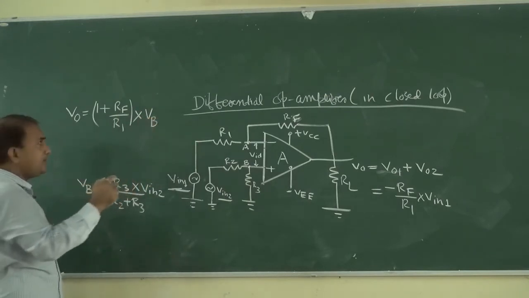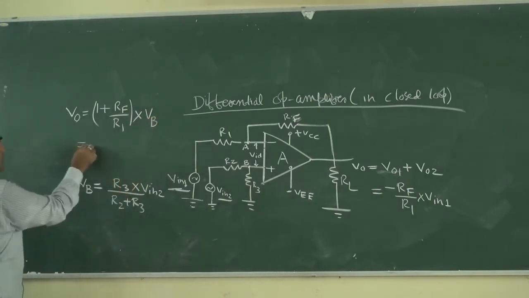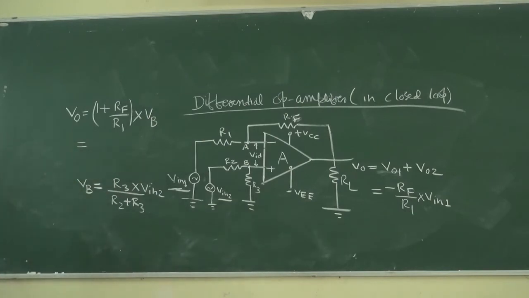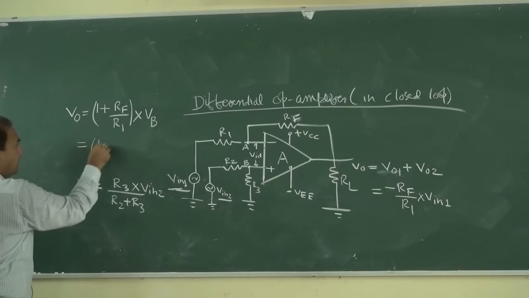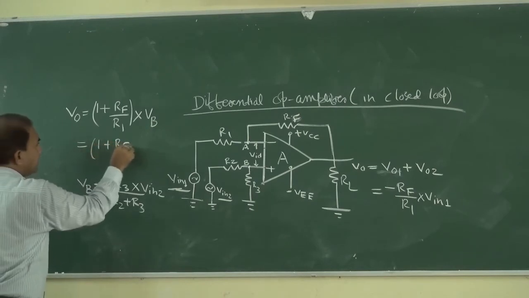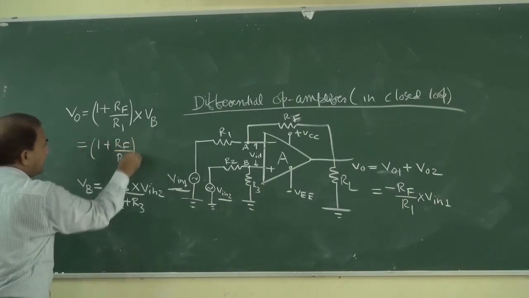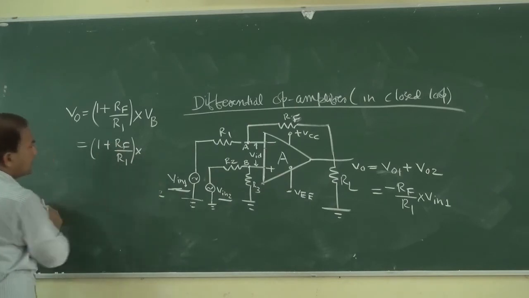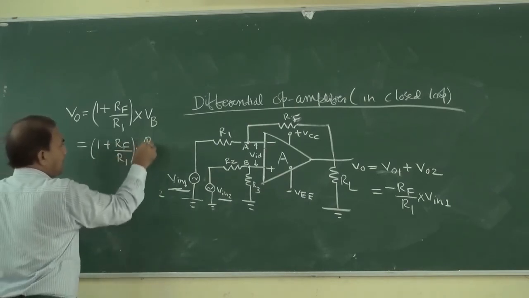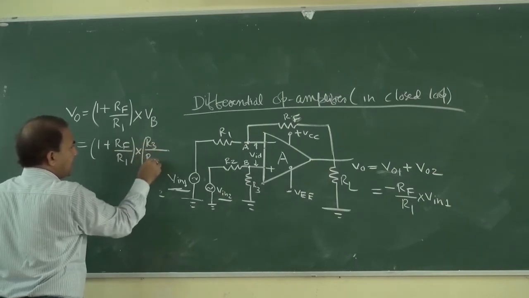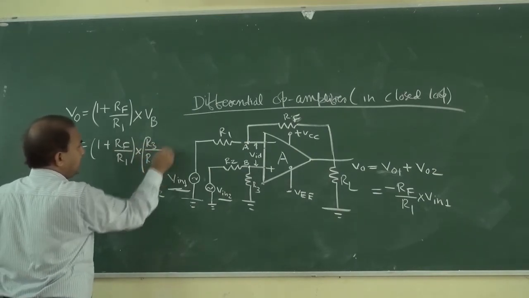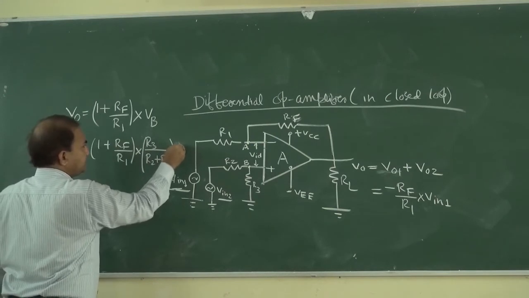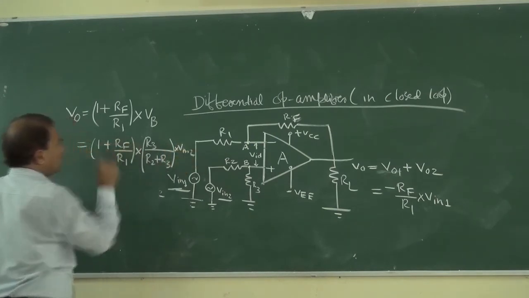So 1 plus RF by R1 multiplied with VB is equal to 1 plus RF by R1 multiplied with R3 divided by R2 plus R3 multiplied with V in 2.